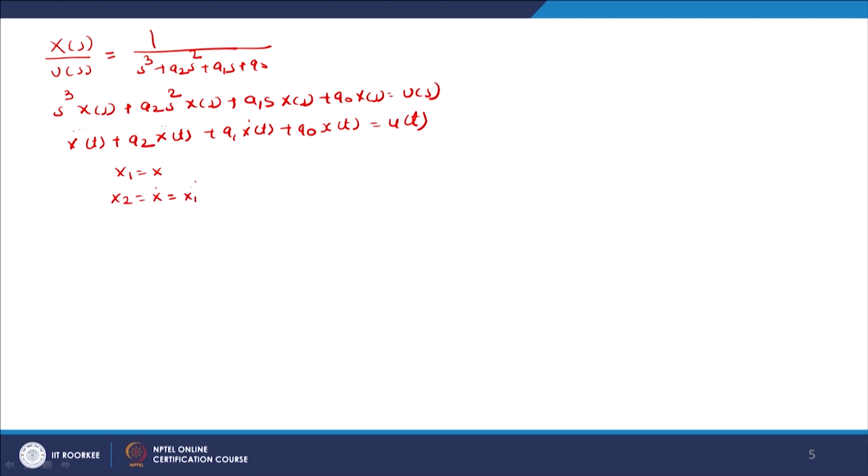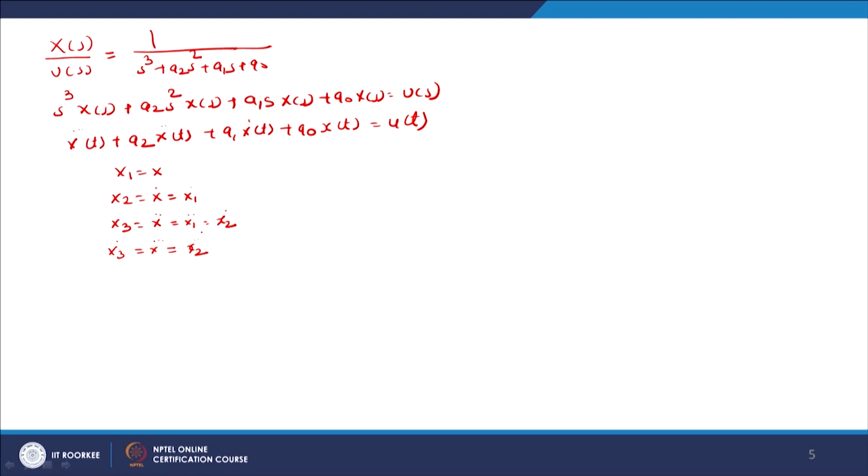Now, about the other variable, as the order is 3, we require one more variable, that is we write x3 equals x double dot, that is equal to x1 double dot, and that is equal to x2 dot. Now, here we want x triple dot, therefore we are taking x3 dot. Here x3 dot equals x triple dot equals x2 double dot.